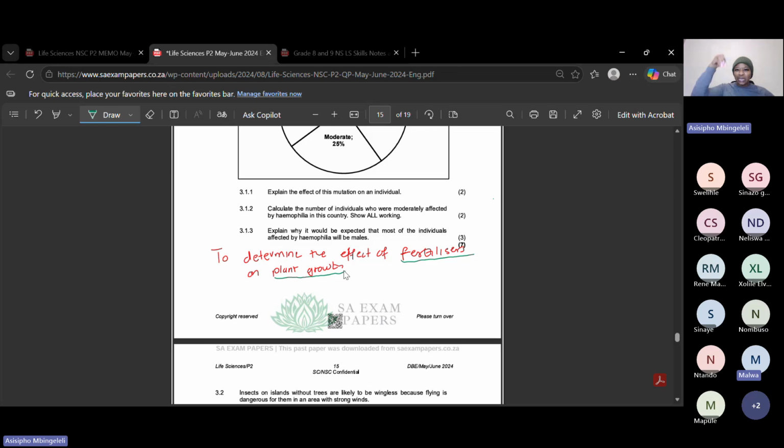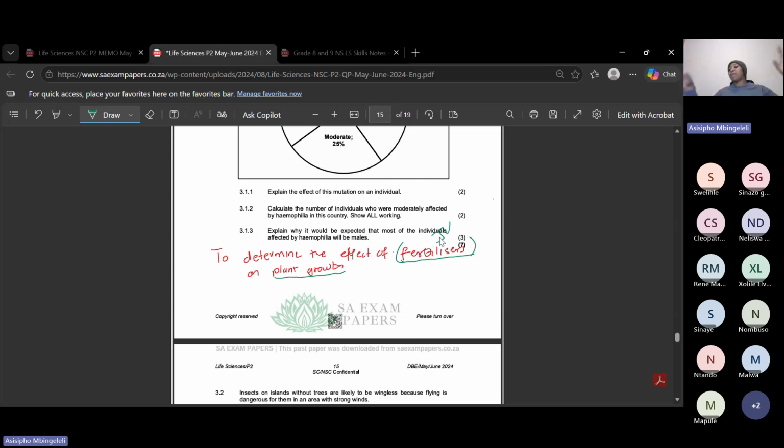So what is it that we want to investigate here? The effect of the fertilizer. Remember I said, once you mention the words "effect of," have it in your mind. They want to investigate the effect of what? Fertilizer. After the word "of," that is your independent variable.